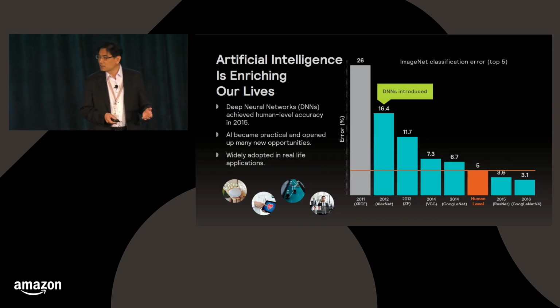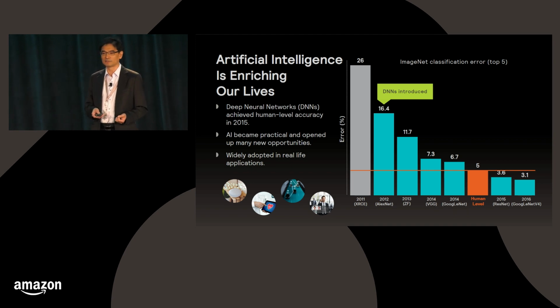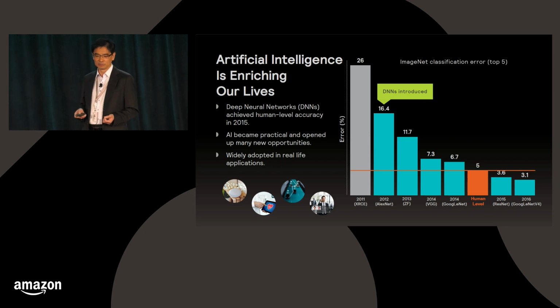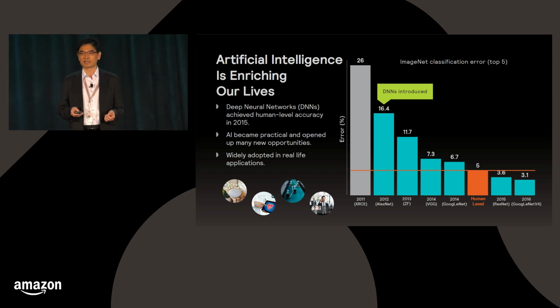And we know deep neural networks were introduced in 2012, and could achieve human-level accuracy in 2015. Due to the success of deep neural networks, it creates lots of great business opportunities.